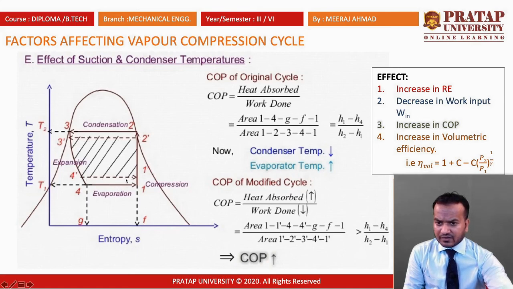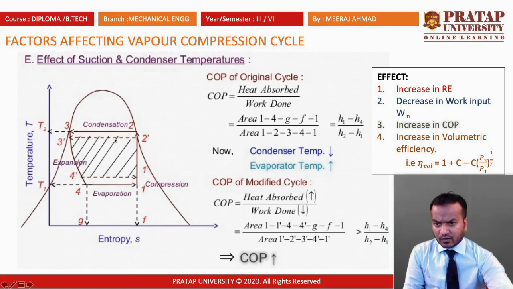You can see that the refrigerant effect for the new cycle should be increased. You can see that the refrigerant effect should be increased, and from 1 dash to 2 dash, the work input should be less. So in the new cycle, the refrigerant effect should be increased and the work input should be decreased. So the COP of the system should be increased.